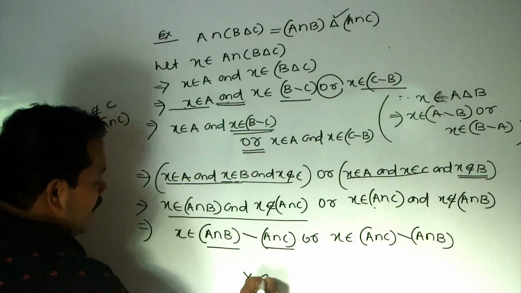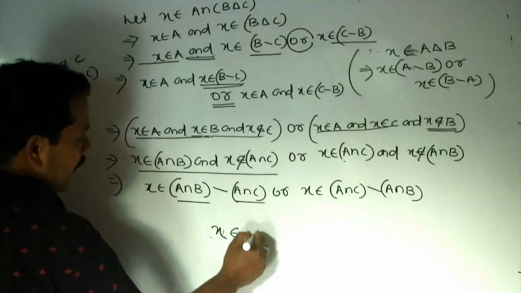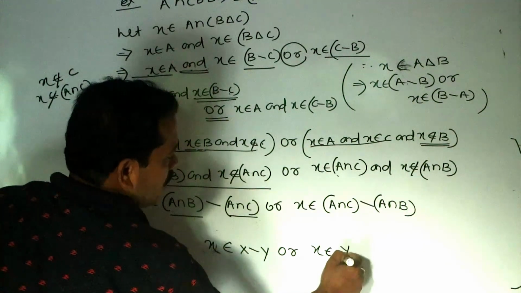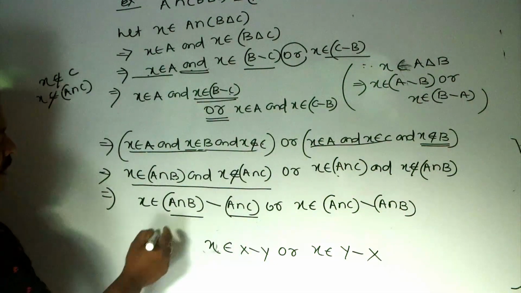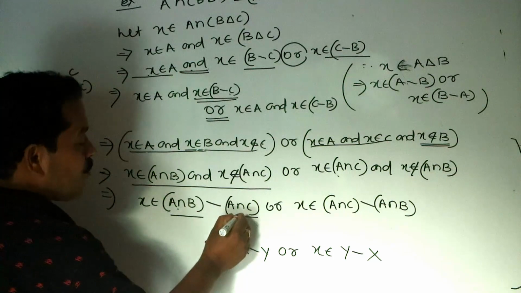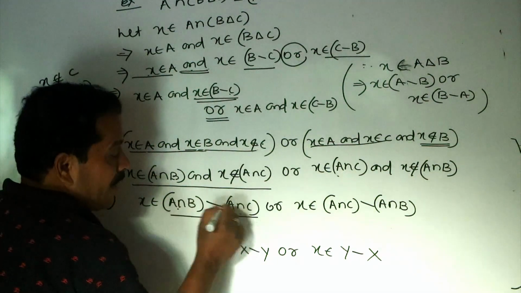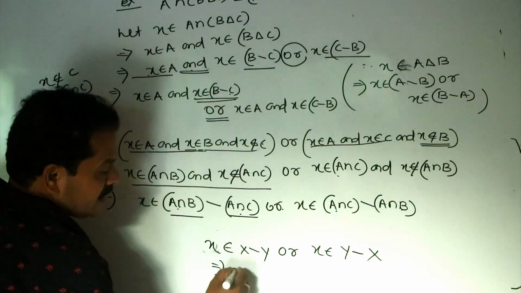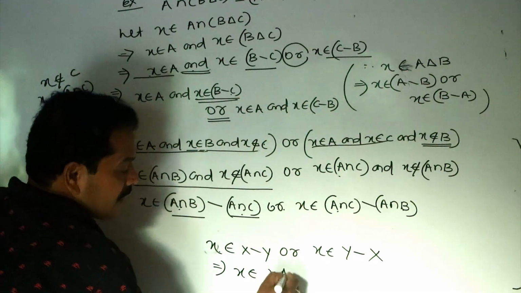So x is an element of x difference y, or x is an element of y difference x. So this is x difference y or this is y difference x. Means x belongs to x delta y.